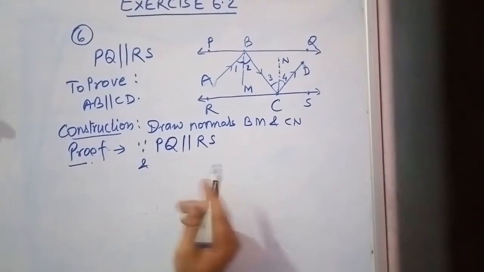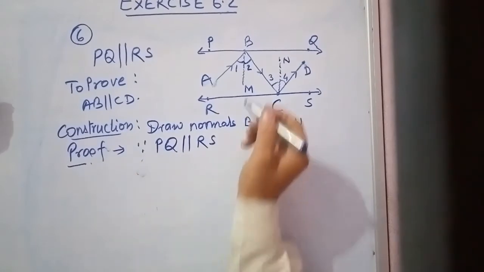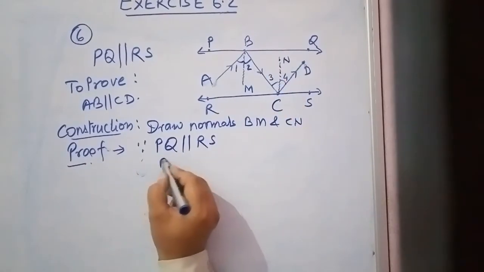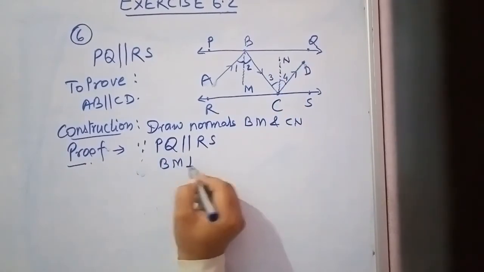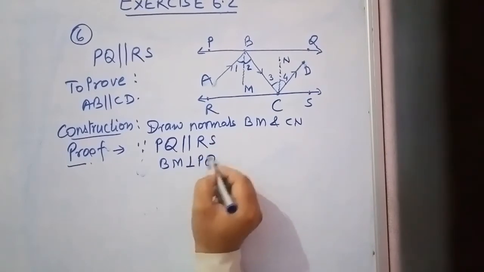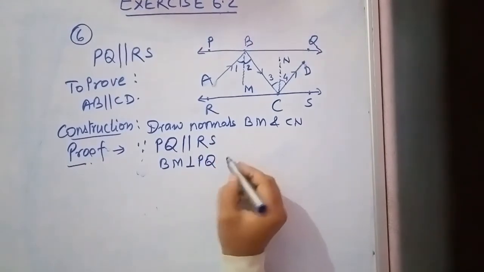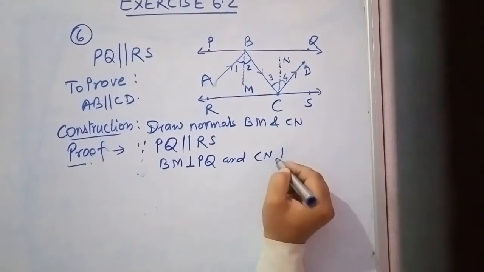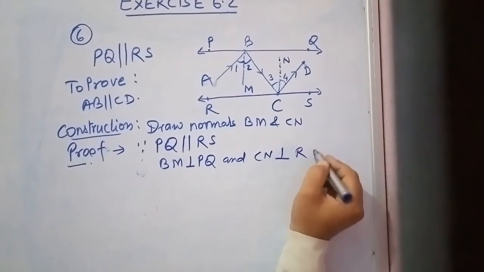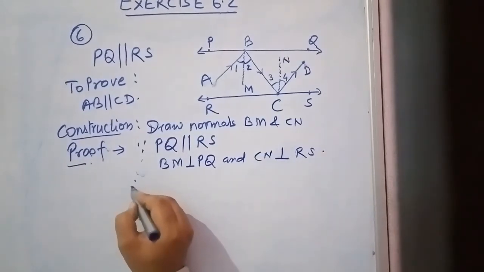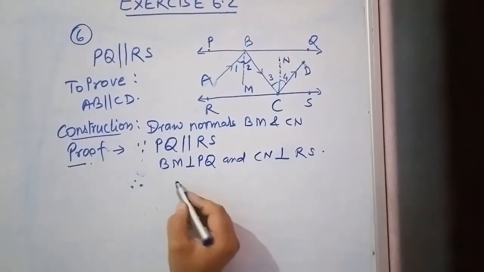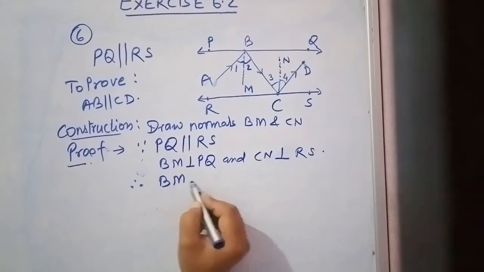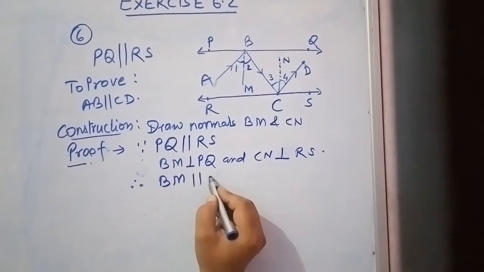and BM perpendicular to PQ and CN perpendicular to RS, therefore BM must be parallel to CN.